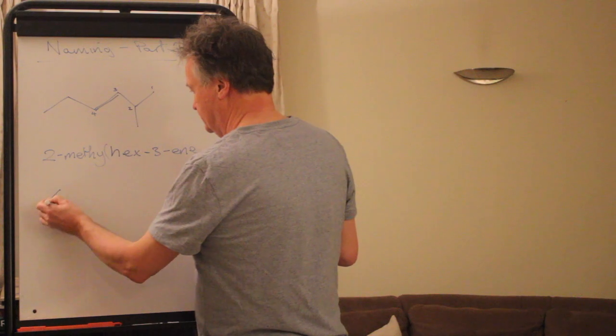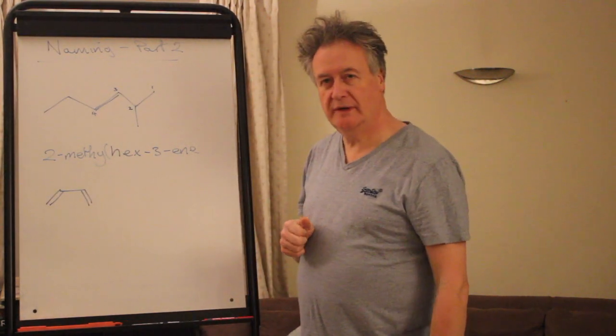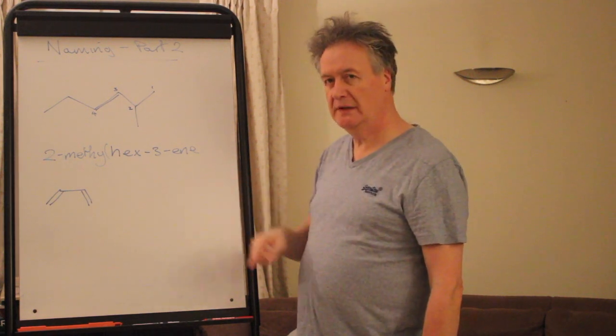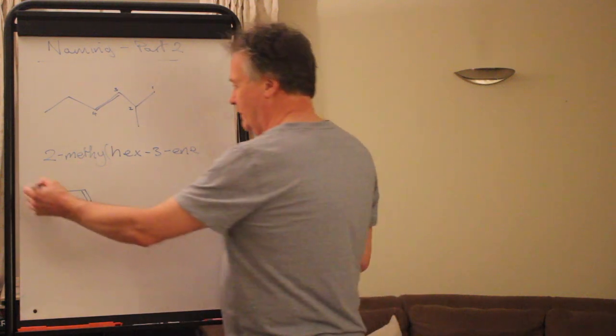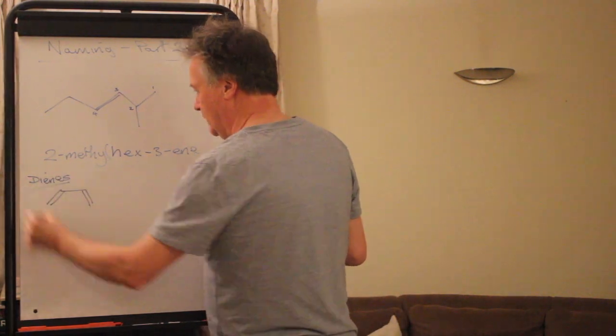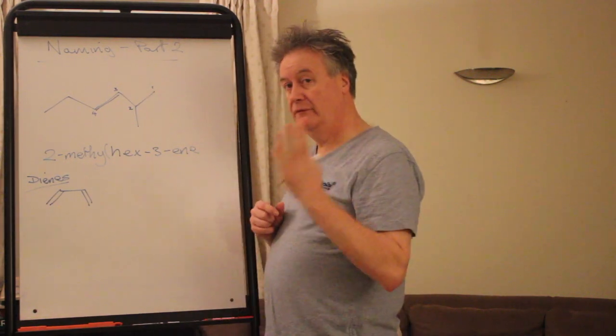Now, what happens if there's 2 alkene groups? An important industrial chemical that. Diene, as it is called. So just have a look at the namings for dienes. So how many carbons? 4.